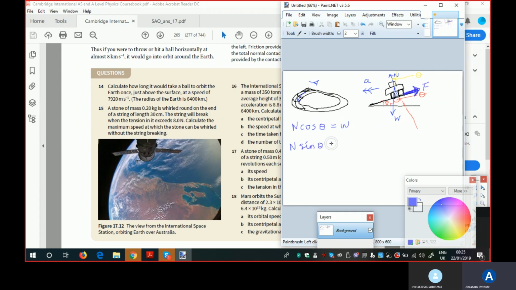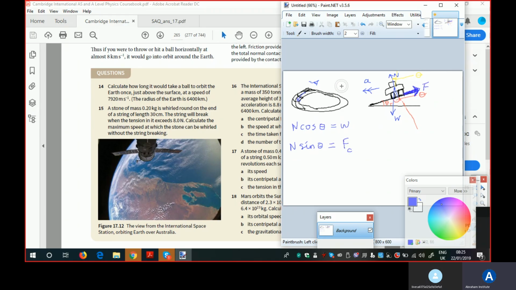Again, it is not moving in that direction, but there is a resultant force that way. So this N sine theta is what provides the centripetal force. Okay, so N sine theta is equal to the Fc.